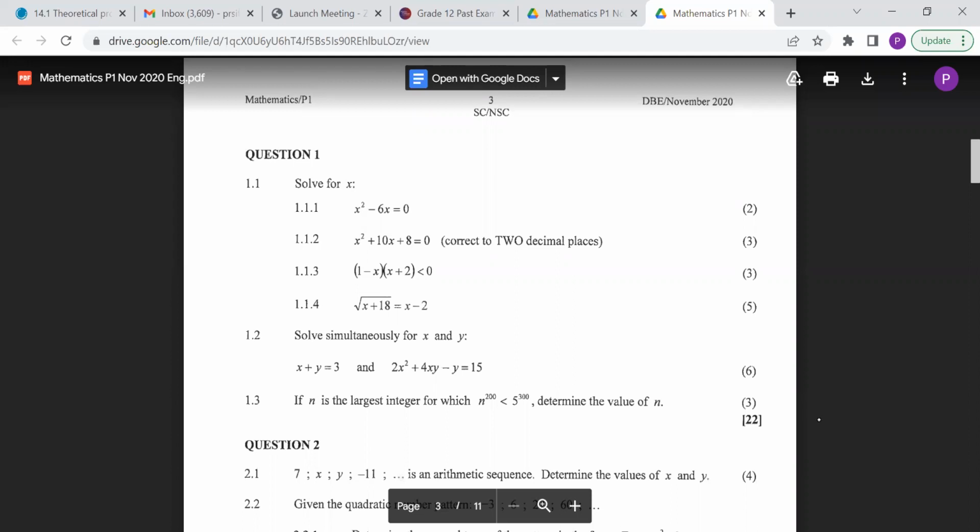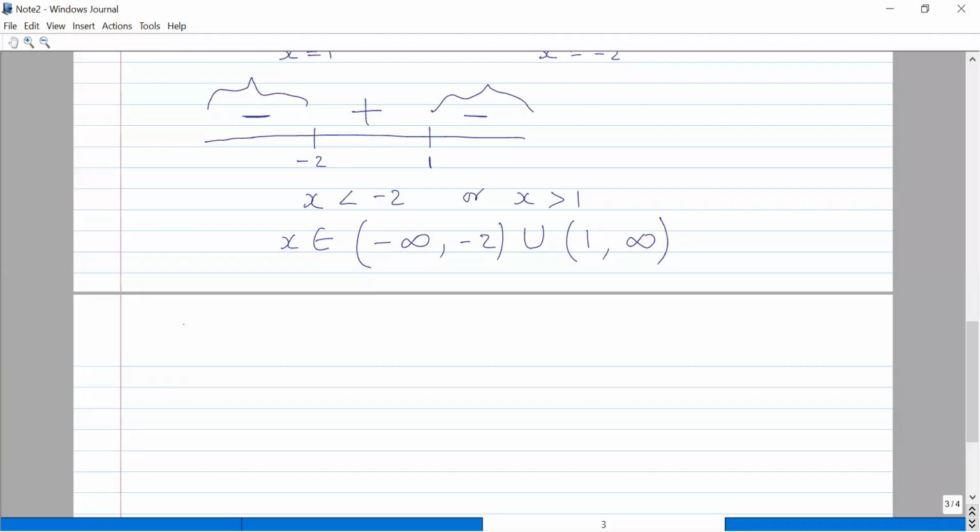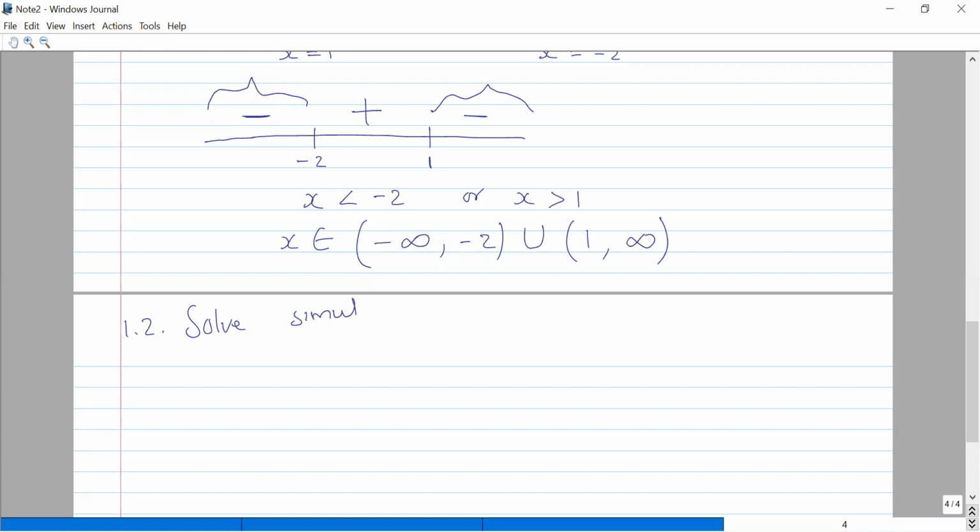Okay, so let me take this down. So solve simultaneously. Okay, x plus y is equal to 3.